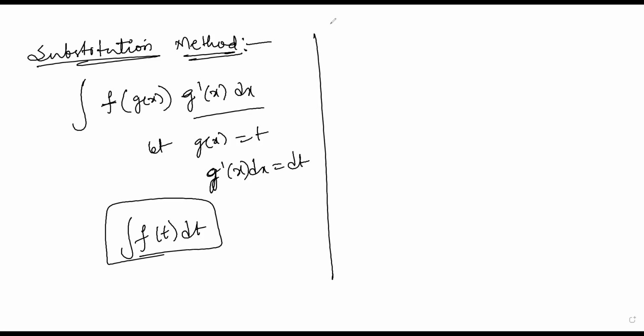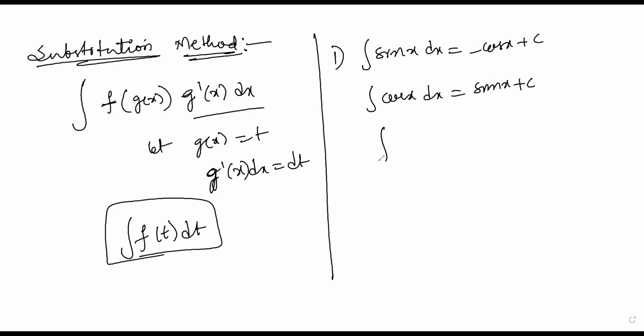Now actually what you know is integration of sine x dx is minus cos x. Integration of cos x dx is sine x. Integration of secant square x dx is tan x. Integration of cosecant square x dx is minus cot x.